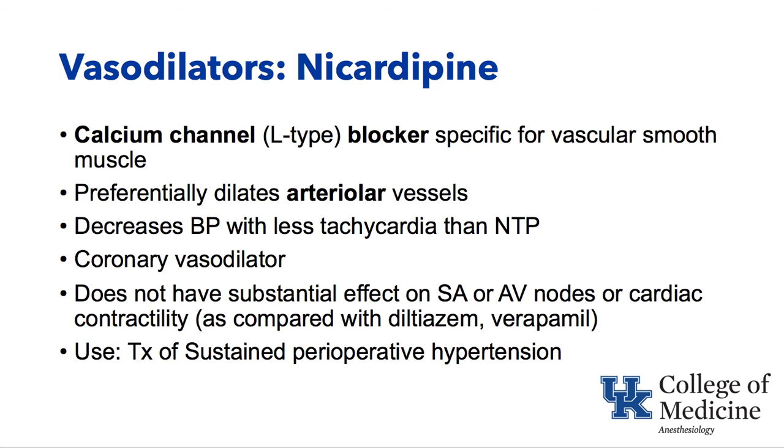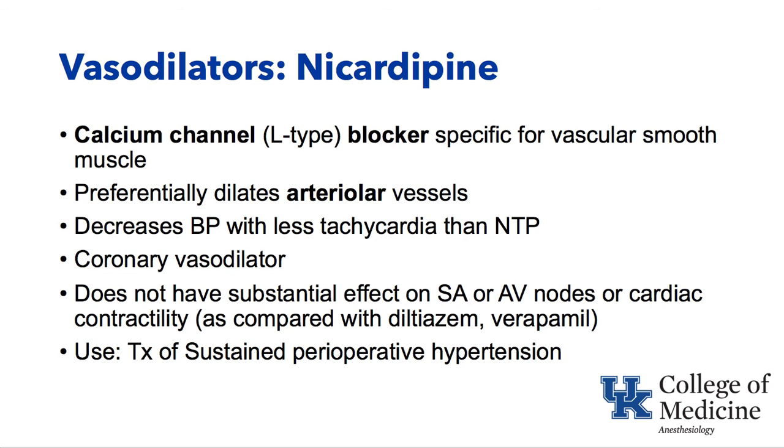It's also a coronary vasodilator and does not have a substantial effect on the sinoatrial or atrioventricular nodes or cardiac contractility, as does diltiazem, which we use to block the AV node when you have atrial fibrillation with rapid ventricular response, or verapamil. So when do we use nicardipine?